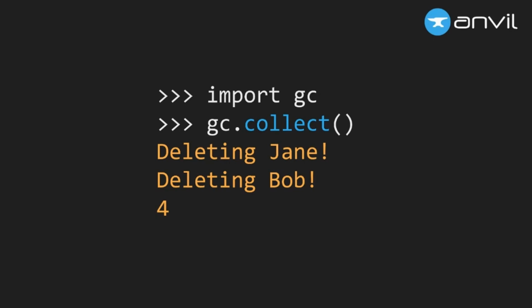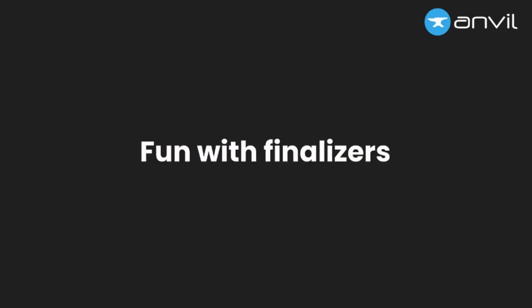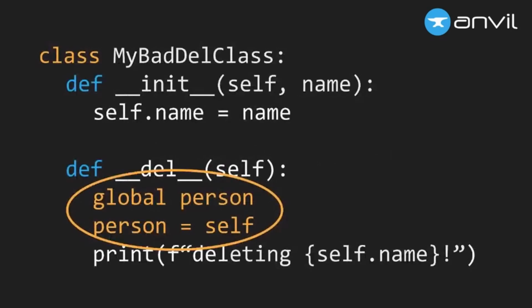All right. So I mentioned earlier that there is a way that the garbage collection process can be aborted. And that is if the finalizer method does something to create a reference to the object in question outside of the cyclic isolate. We'll see an example of what that looks like. I'm going to define a new bad class called MyBadDel class.